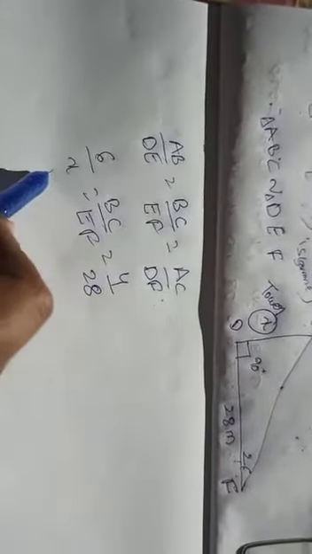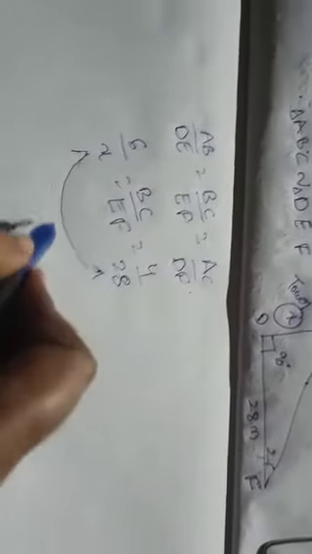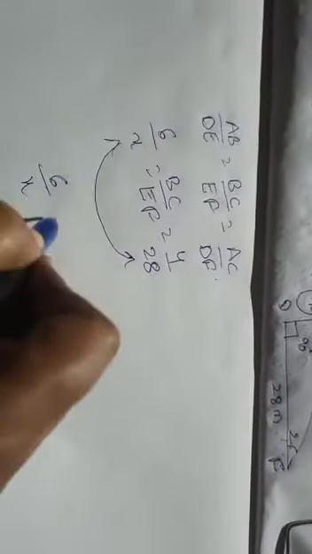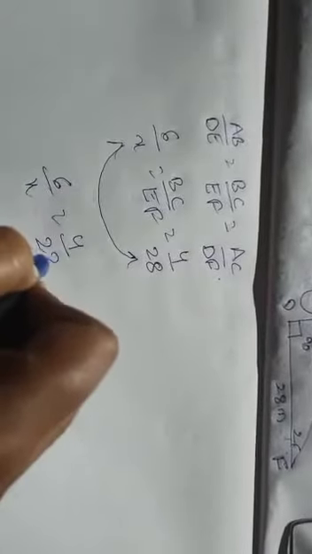Here AB we know equals 6 meters, DE equals X, BC we don't know, EF. AC equals 4 meters and DF equals 28 meters. So equating 1 and 3 ratios: 6 by X equals 4 by 28.